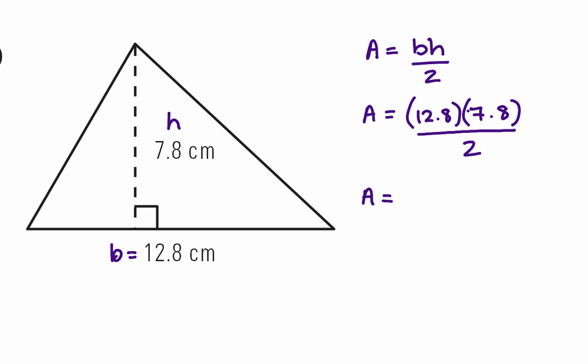Much better. Much, much better. And if you need to, write down as many steps as you want, right? Write your 99 point whatever divided by 2 and then your final answer after that. Yes, I've got 49.92. They're not asking me to round it anywhere. We just go to 2 decimal places nice and neatly on our calculator anyway, so leave it. And make sure, oh, I've got centimeters, so this would be centimeters squared.